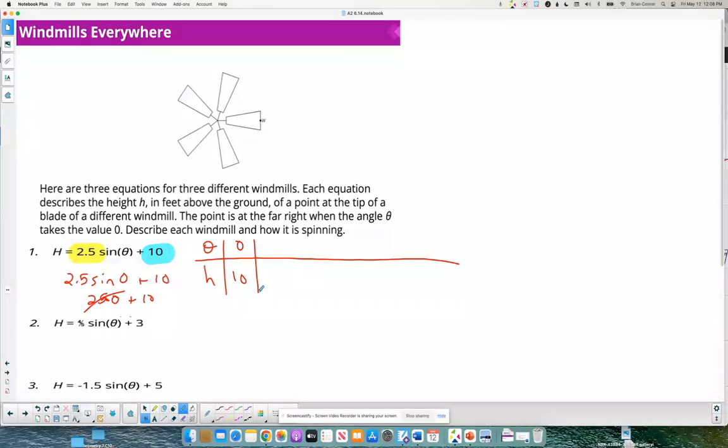So this is my middle here. This is 0. This would be pi over 2. This would be pi. So what I'm going to do to describe it here, I'm going to just make a table. I'm going to do a full rotation.